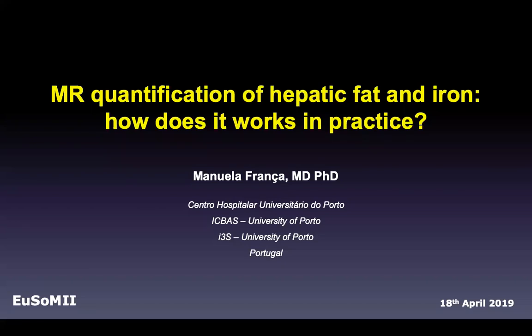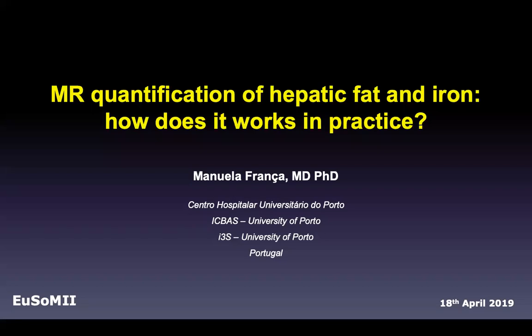Well, I think that liver segmentation with AI tools will be extremely helpful in this quantification, because it will give us, I think, more important information than ROIs.